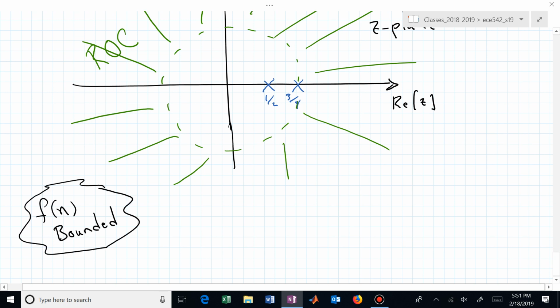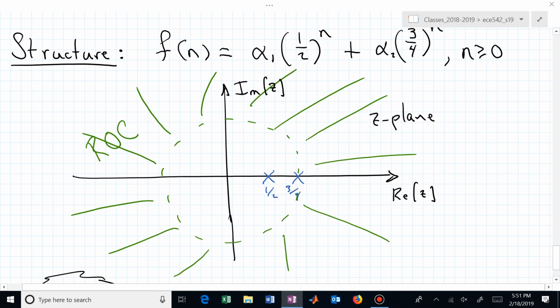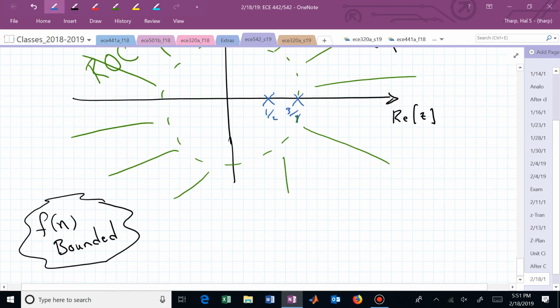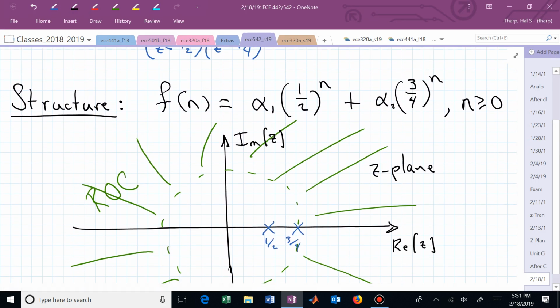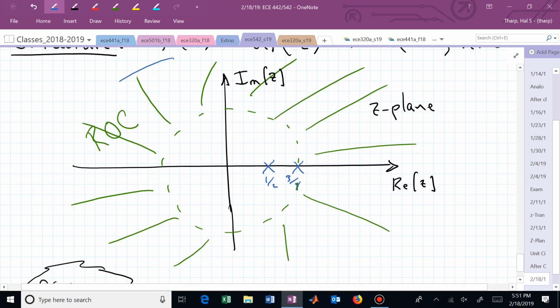You've now said that f of n is bounded. Could you have determined that by simply plugging in non-negative values for n and seeing that these are collapsing? 1/2, 1/4, 1/8, 3/4, 9/16. Those are all shrinking. They're converging. You could have just looked at f of n and said, oh, f of n is bounded.